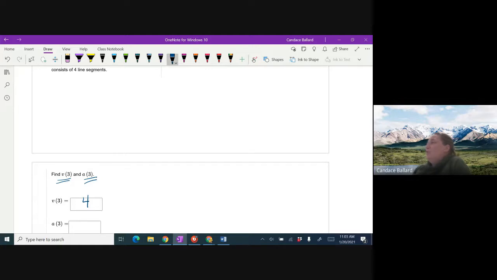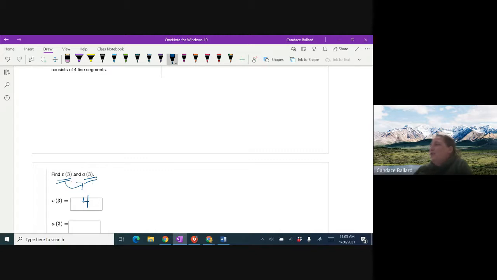Acceleration is the derivative of velocity. You need velocity to get acceleration. That is exactly right, right? So in order to get to acceleration, I need the velocity. And Jocelyn was correct. I have to take the derivative of velocity to get to acceleration.